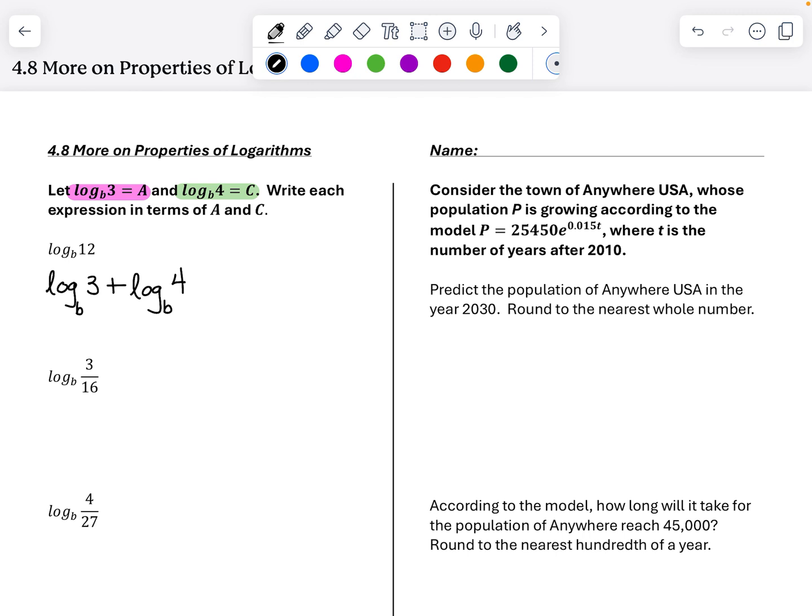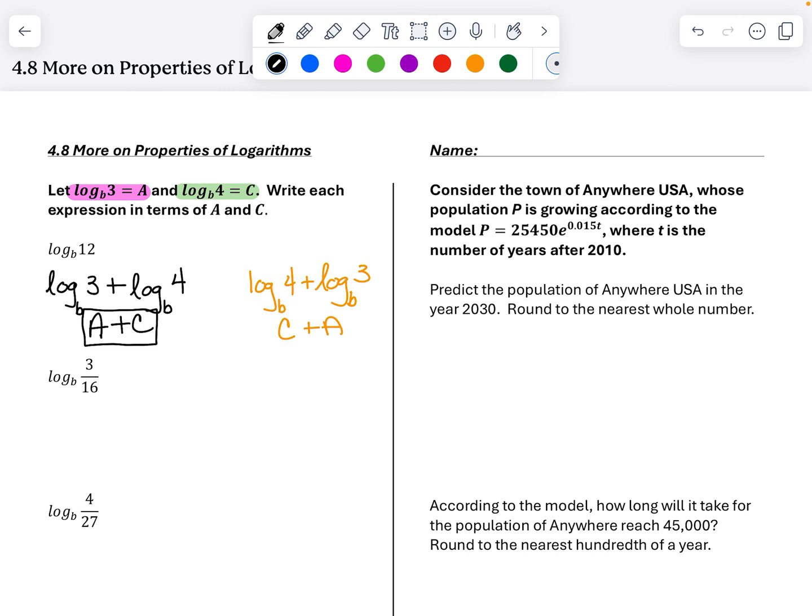So this is going to be A plus C. Arguably, you could have seen it as log B4 plus log B3, and that would be C plus A. So either one of those would be the correct response, and both of those answers are in Canvas. So the answer would just be A plus C.